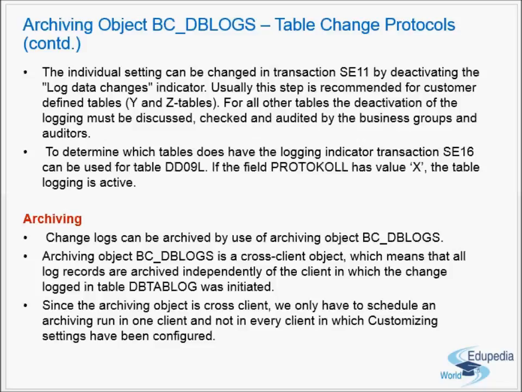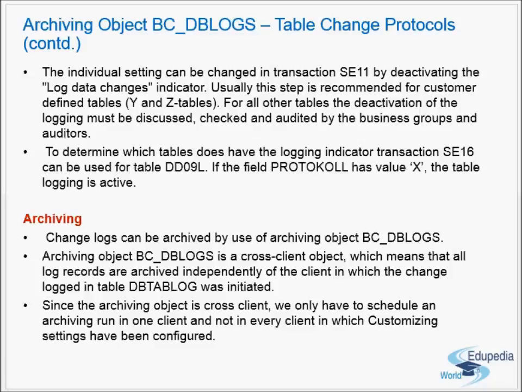The archiving object BC_DBLOGS is a cross-client object, which means that all logs recorded are archived independently of the client in which the change logged in the table DBTABLOG was initiated. And this archiving object is cross-client.